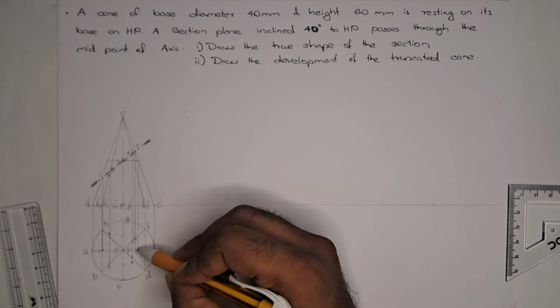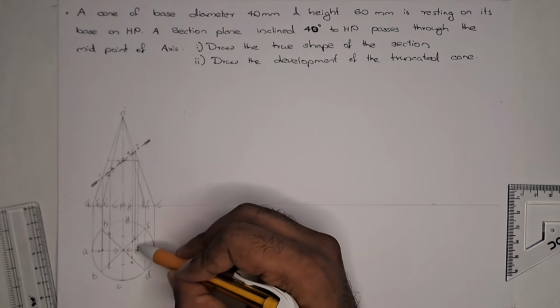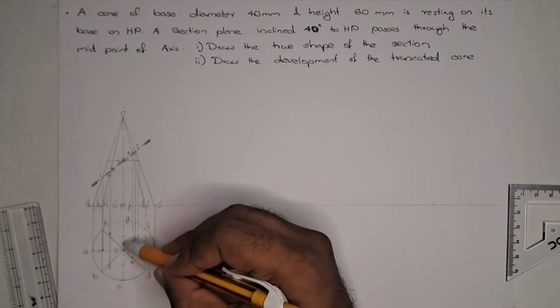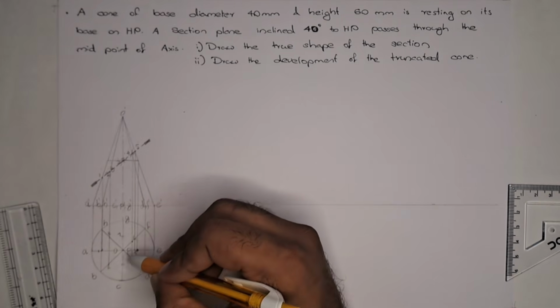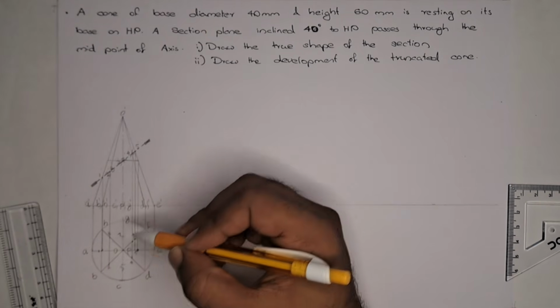This extra distance is equal to the height. So here it will be 7 and 3.